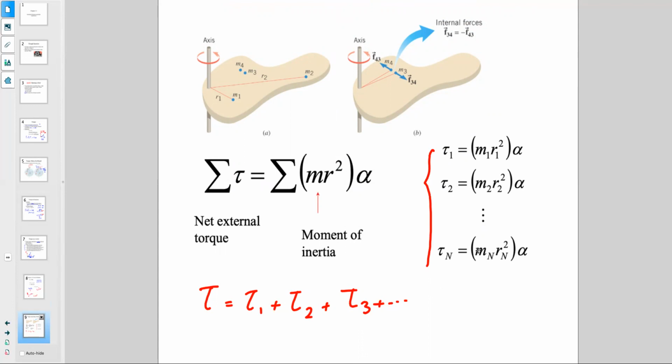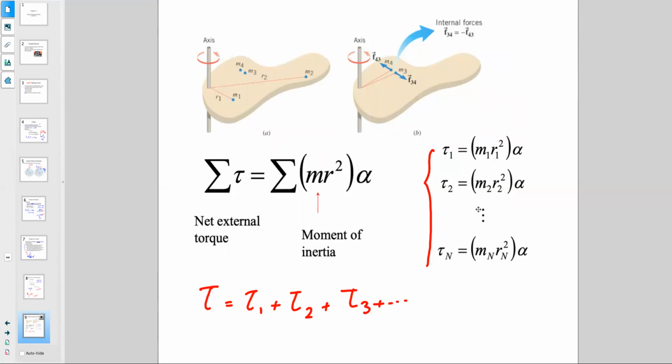Each of these objects has a mass m, and then they have a particular r, or radius, from the axis of rotation. For example, m1, r1, m2, r2. So I need to know the exact values for each object in the system and then add them up.